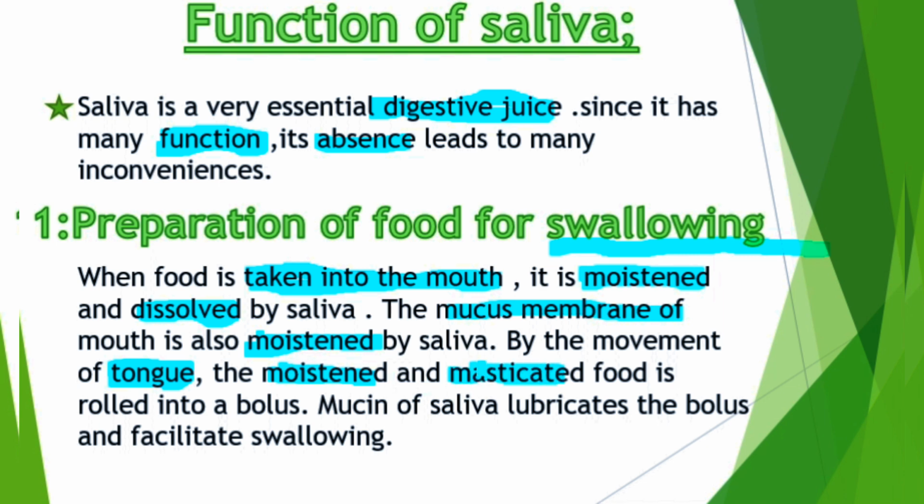Bolus is partially digested food. Mucin of saliva lubricates the bolus and facilitates swallowing. In this way it prepares the food for swallowing, because for swallowing the food must be moistened, and this moistening is done by the saliva. So this is the first function of the saliva.